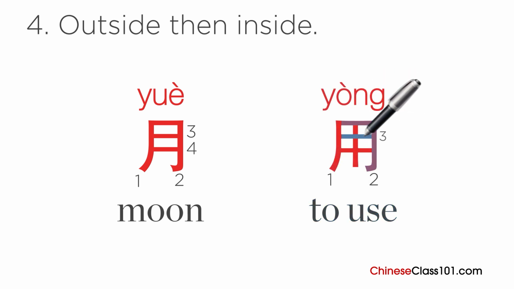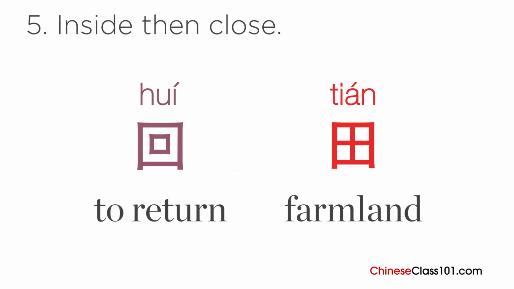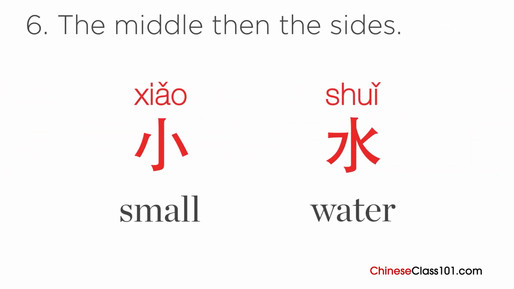Inside, then close. 回 to return. 田 farmland. The middle, then the sides. 小 small. 水 water.